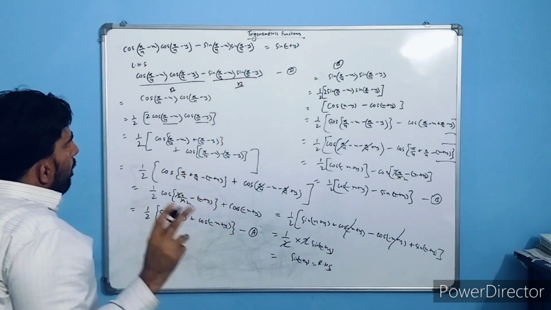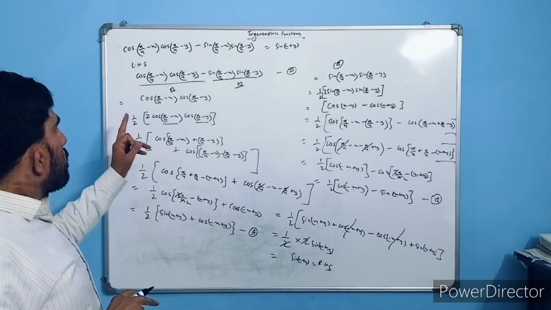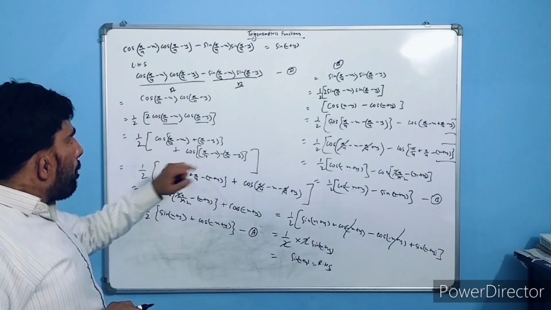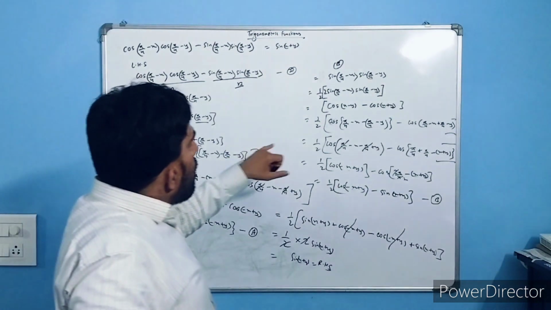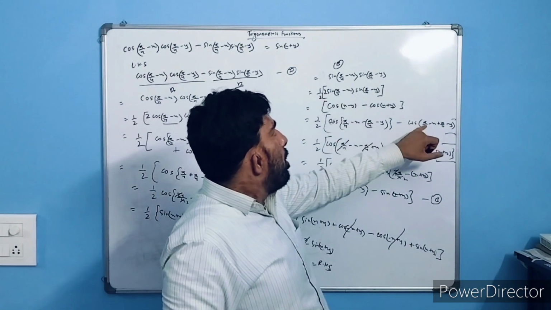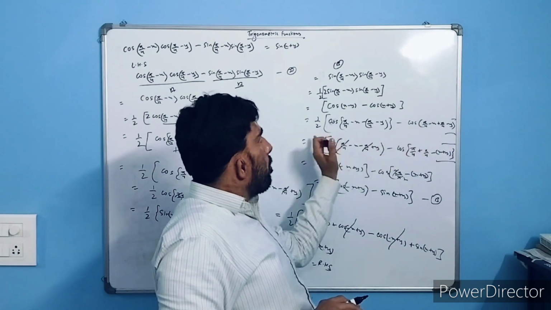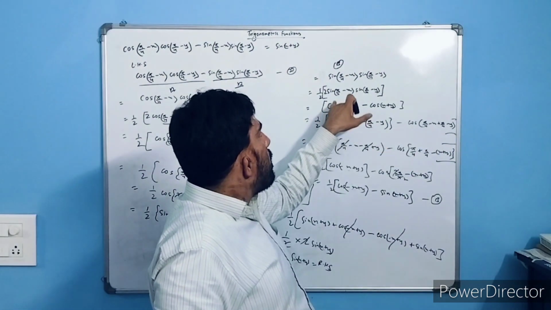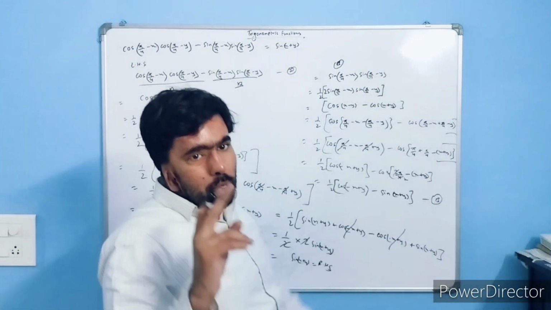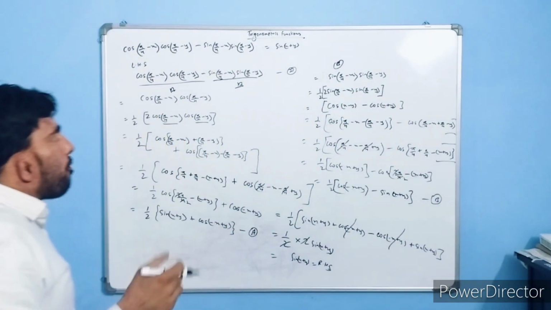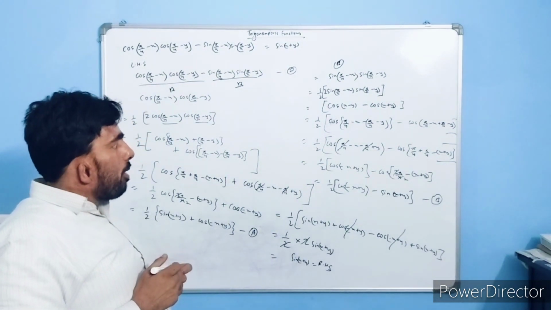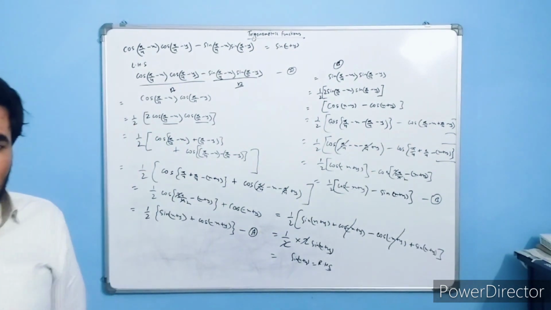And two identities I have applied here: 2 cos x cos y, that is cos(A+B) + cos(A−B), and 2 sin x sin y, that is cos(x−y) − cos(x+y). I have just reversed the sign because the formula is for minus 2 sin x sin y. Okay, so that is how we can solve like this.